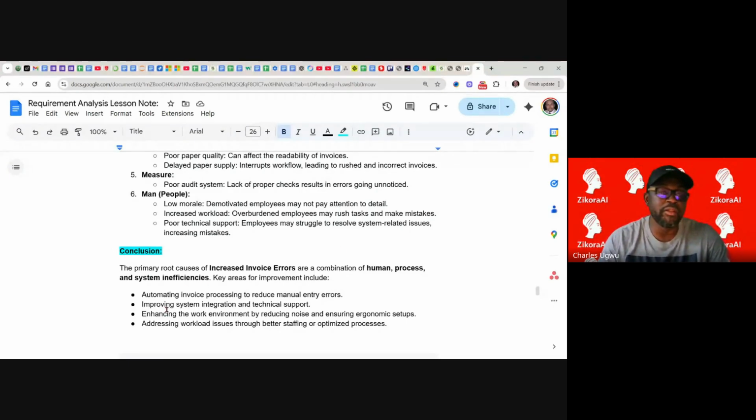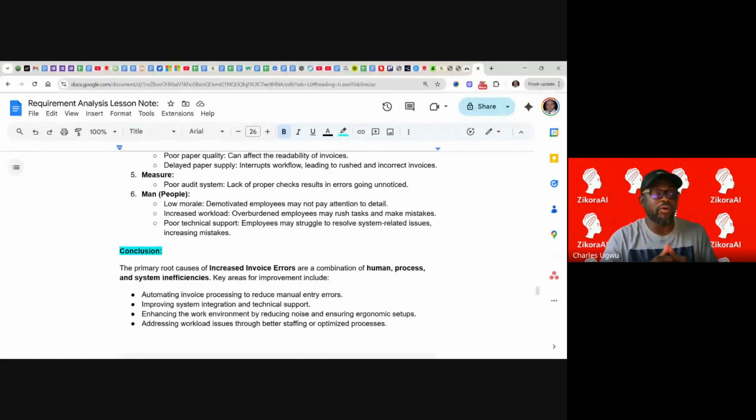Or improving system integration and technical support. This is another powerful solution. If you go out, you will see all these kinds of projects going on. We are looking for a BA to support improvement, or we are looking for a project manager to lead the improvement of system integration and technical support.